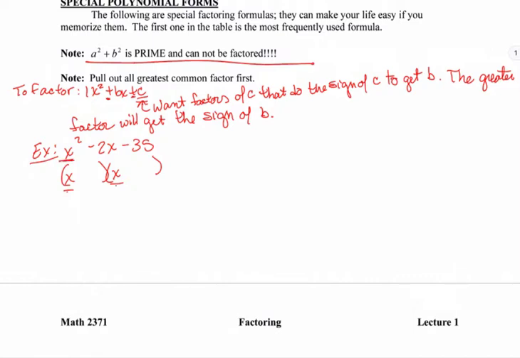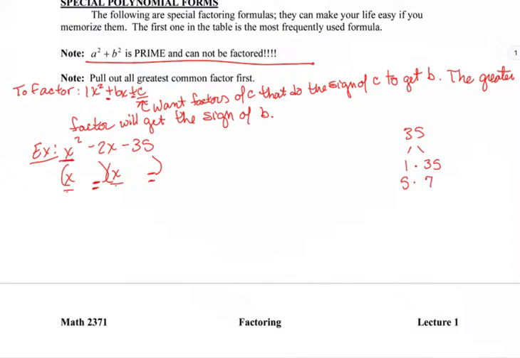So how do I figure out what's going to go in these second slots? Well, I'm going to take 35 and factor it. That's 1 times 35. There's no 2's, no 3's, no 4, and then I get 5 times 7.